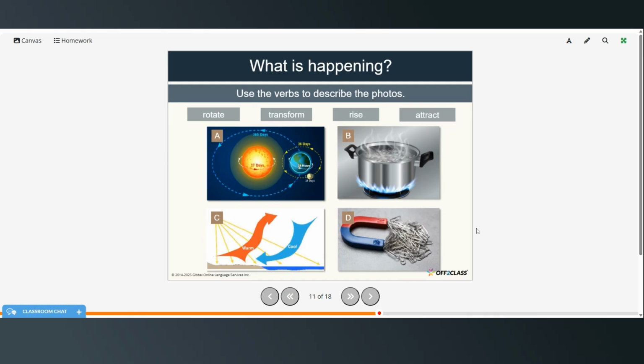So what is happening? Use some verbs to describe these pictures. So we could say that the Earth rotates on its axis.